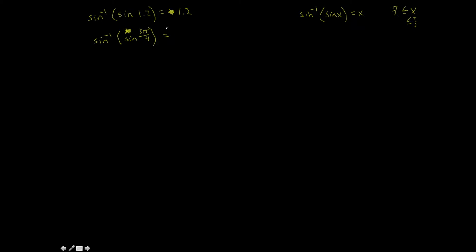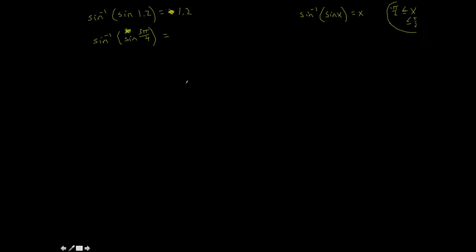Now it's tempting to go ahead and write 3 pi over 4 down as your answer. Very tempting. But what you've got to remember is our x has to lie in this interval here. Okay? So does 3 pi over 4 lie in that interval? No, it does not.